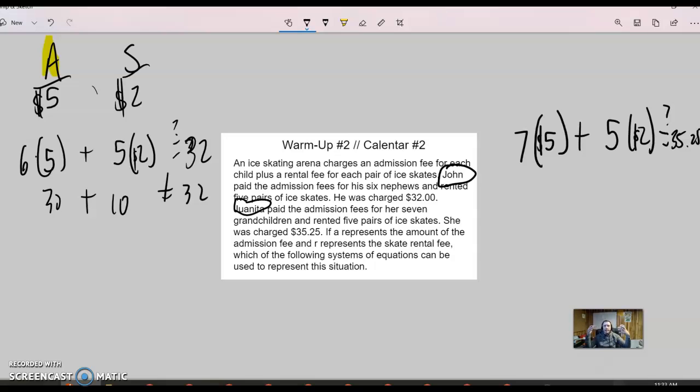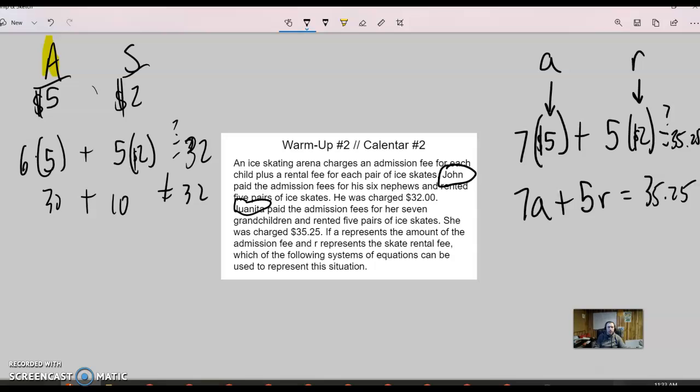So just by writing these, look at the equations, right, in the multiple choice. If you see that instead of this $5, we put an A for admissions, and instead of this $2, we put an R for renting skates, we'd have the equation 7A plus 5R equals 35.25.